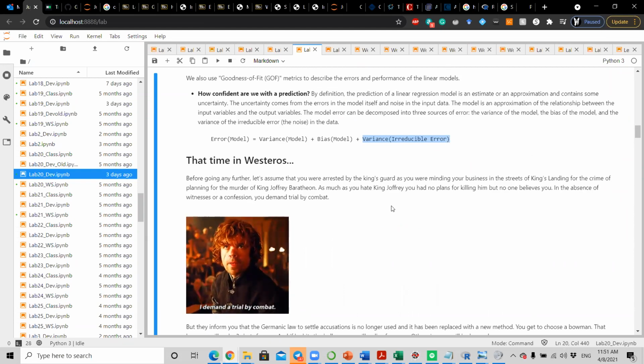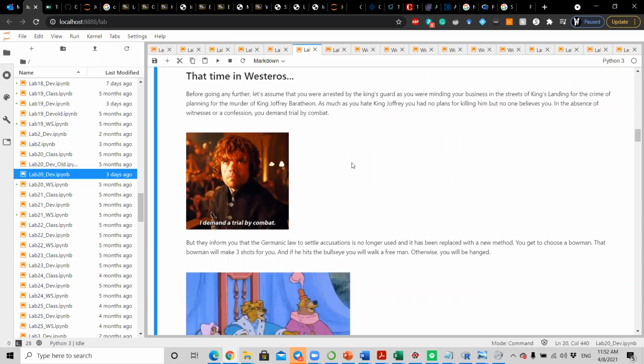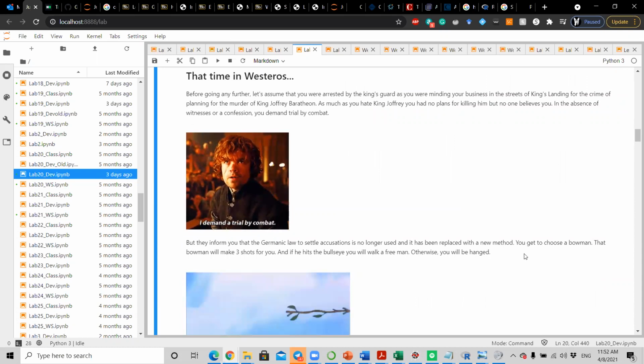In the absence of witnesses or a confession, you demand trial by combat. And I hardly think that your demanding of trial by combat will be as cool as this guy's, but let's move on. They inform you that the Germanic law to settle accusations is no longer used, and it has been replaced with a new method.